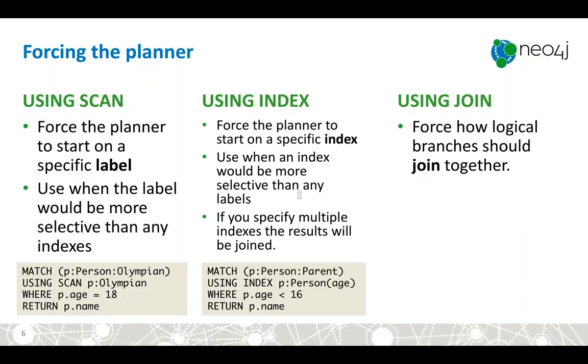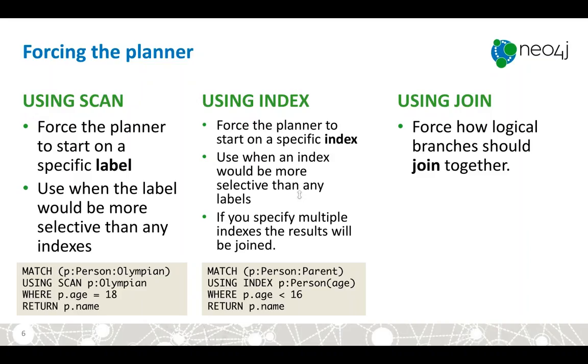You're going to start with fewer rows. And sometimes understanding when to use a scan hint like this versus not is dependent on an intuitive understanding of the data, like, for example, that there are fewer Olympians than people age 18 in this context.